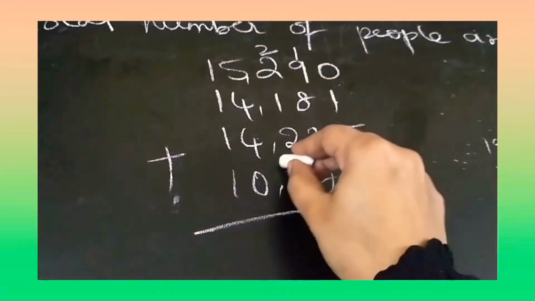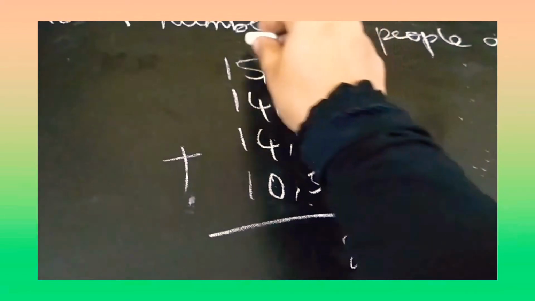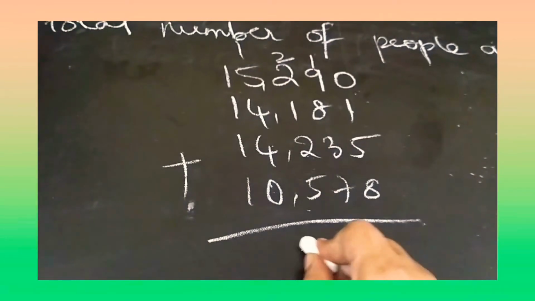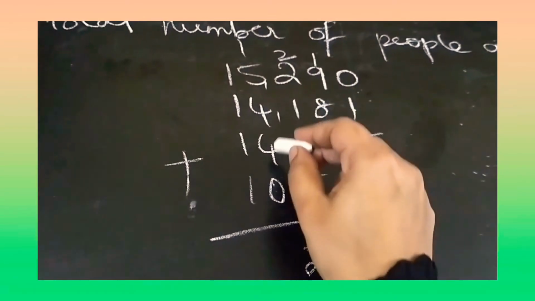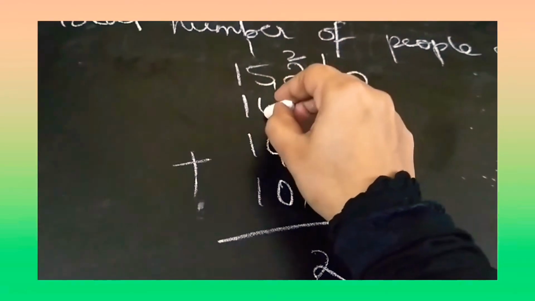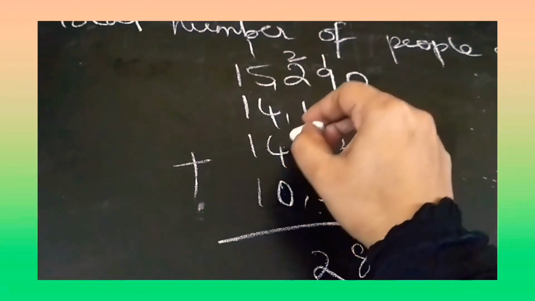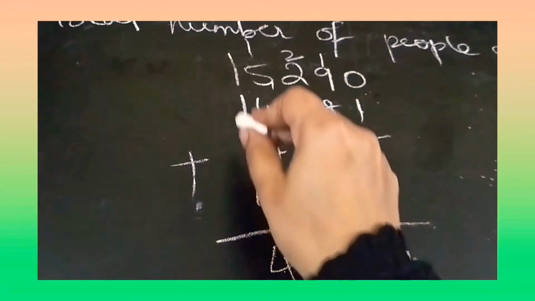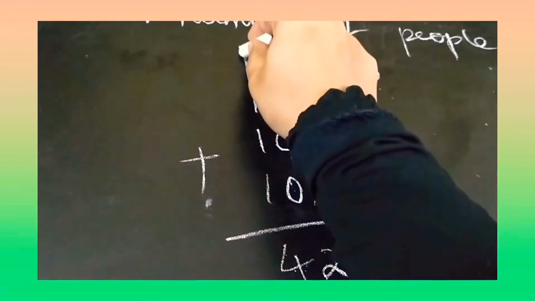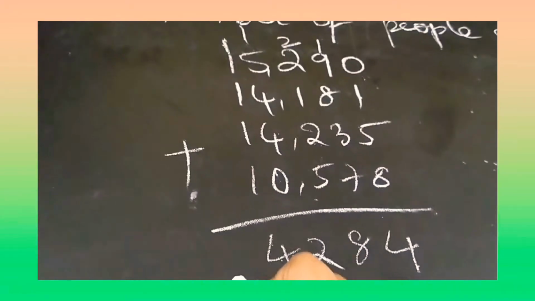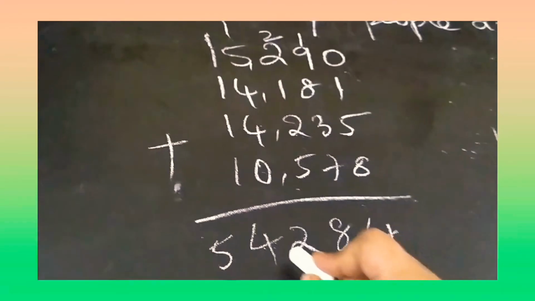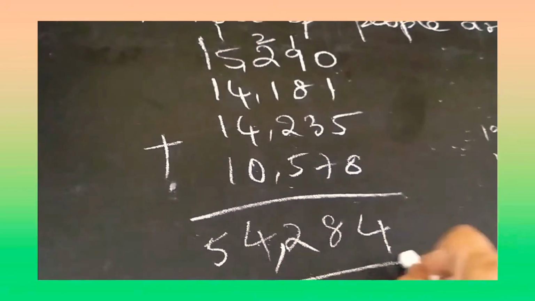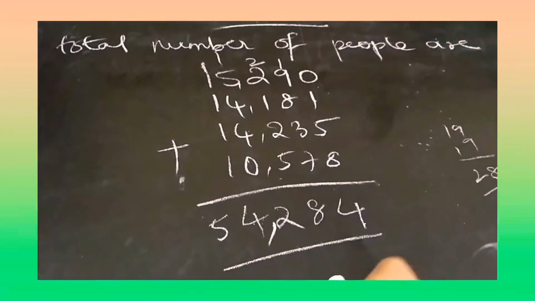Okay, then 5, 6, 7, 8, 9, 10, 11, 12. It is 12. Okay, then 5, 6, 7, 8, 9, 10, 11, 12, 13, 14. It is 14. Okay, then 1, 2, 3, 4, 5. Okay, 1 is there here. It is 5. It is 54,284.